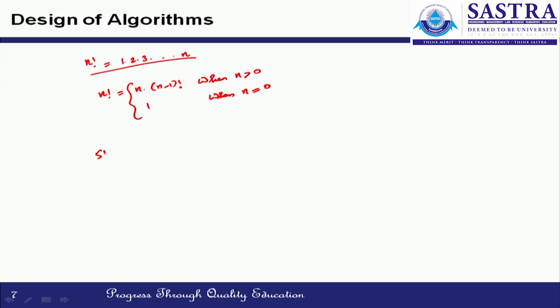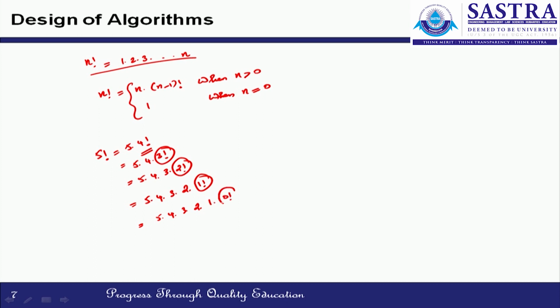Since 5 factorial is 5 into 4 factorial, then 4 factorial is computed as 4 into 3 factorial, then 3 factorial is computed as 3 into 2 factorial, then 2 factorial is computed as 2 into 1 factorial, 1 factorial is computed as 1 into 0 factorial.